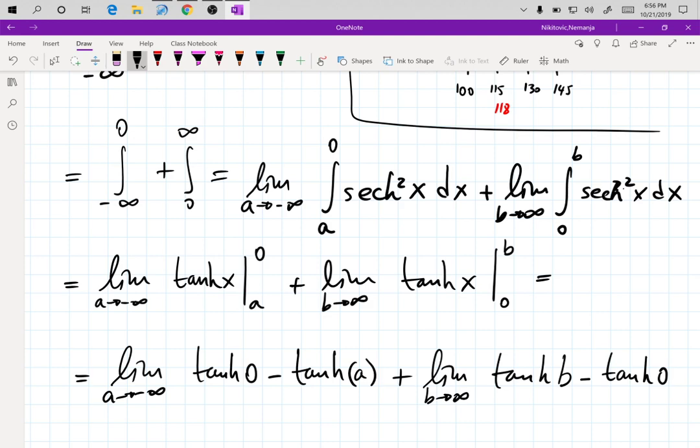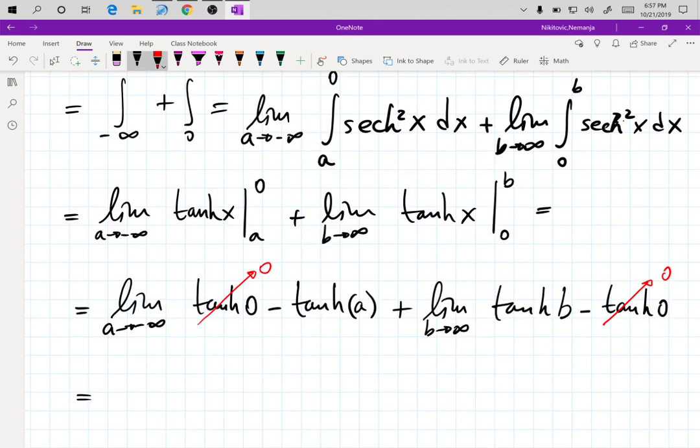If you look at your tangent hyperbolic x, it's immediately obvious what? That tangent hyperbolic of 0 is 0, and we have another one over here. And what's my tangent hyperbolic of a as a goes to negative infinity? I get negative, negative 1, right? I have negative, negative 1, and then the other one will be positive 1, so plus 1, and the whole thing is 2, converges to 2.